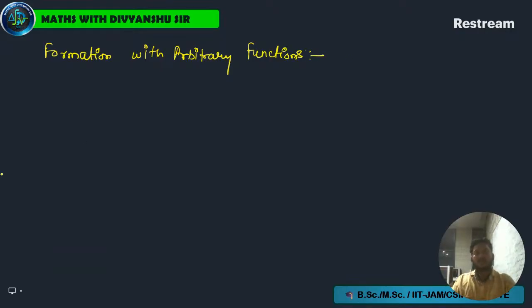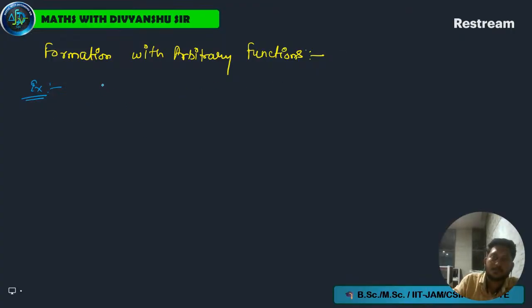Sometimes the relation contains an arbitrary function rather than a constant. So take one example here, where the relation contains an arbitrary function rather than a constant.